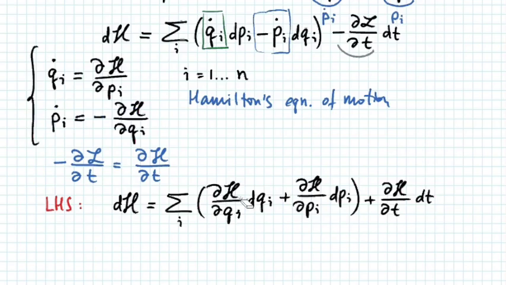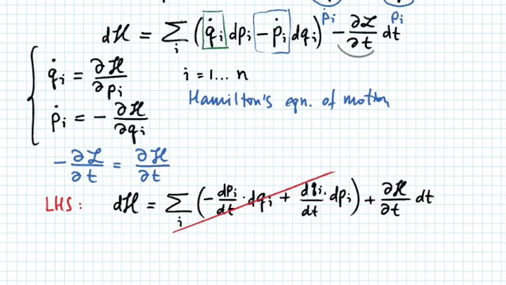So what we get for the first prefactor, we are getting minus dp_i/dt, full derivative of momentum. And for the second term, we are getting dq_i/dt. So you can note this whole sum goes to 0.